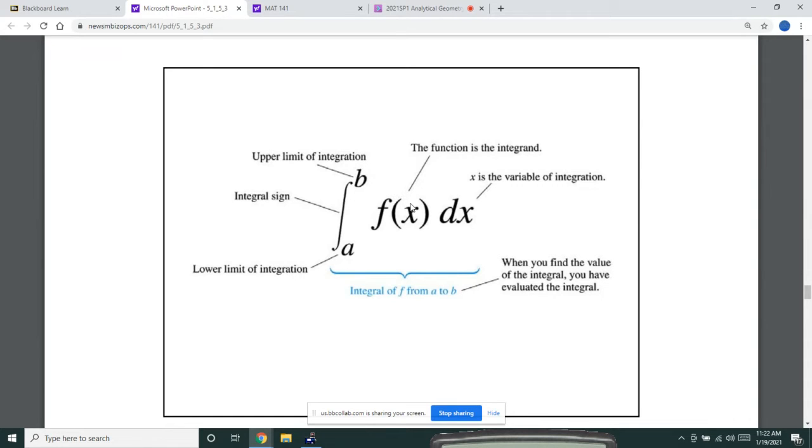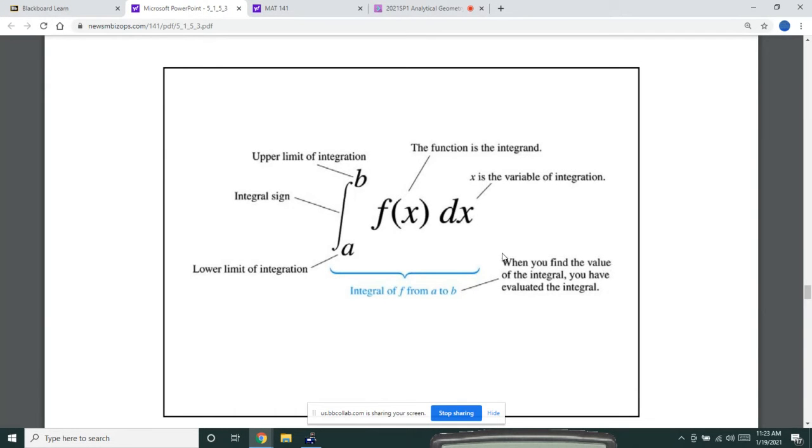Now, f of x, that's your function. dx, or x, is the variable of integration. Keep in mind that every integral must carry a variable of integration. In this class, we're going to integrate on both the x and the y-axis. All right, so our integral symbols are either going to carry a dx or a dy.